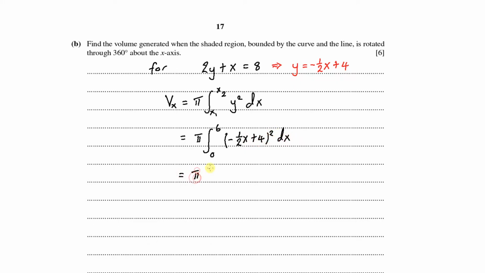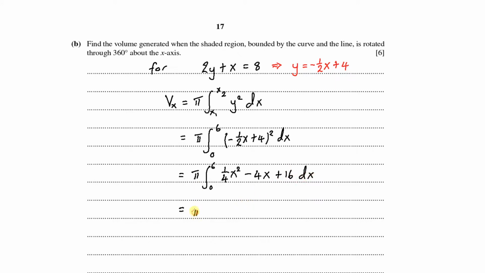So let's continue simplifying. (-1/2 x) squared is 1/4 x squared, plus 2 times the product of these two, which is -4x, and 4 squared is 16, all times pi dx.